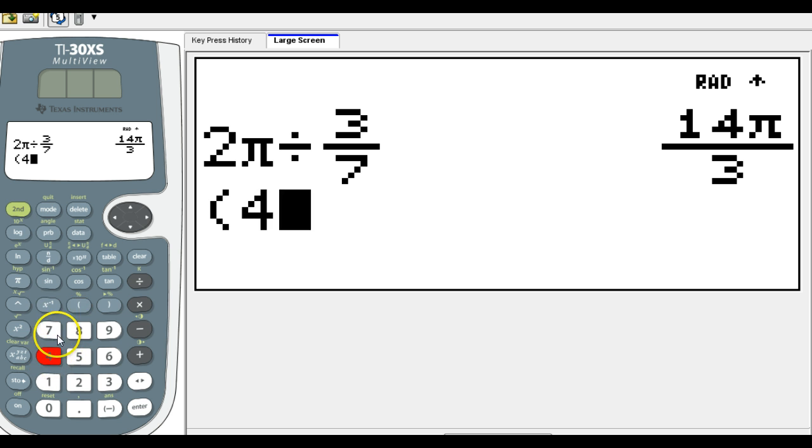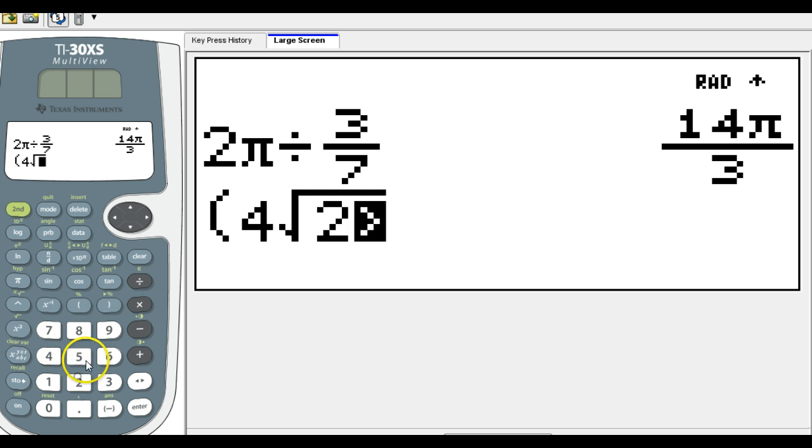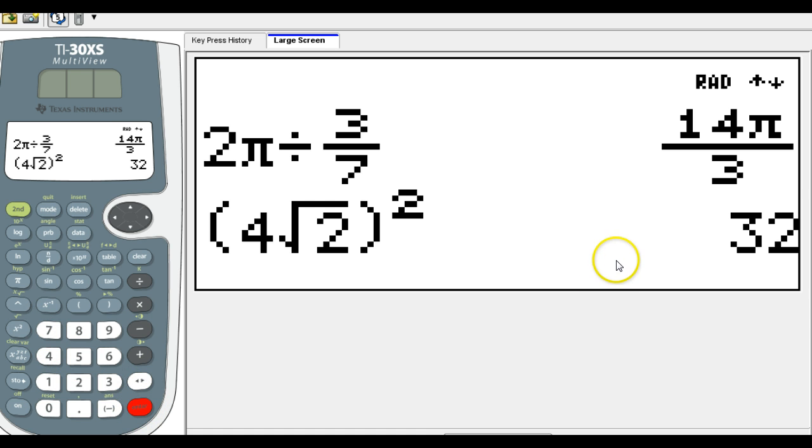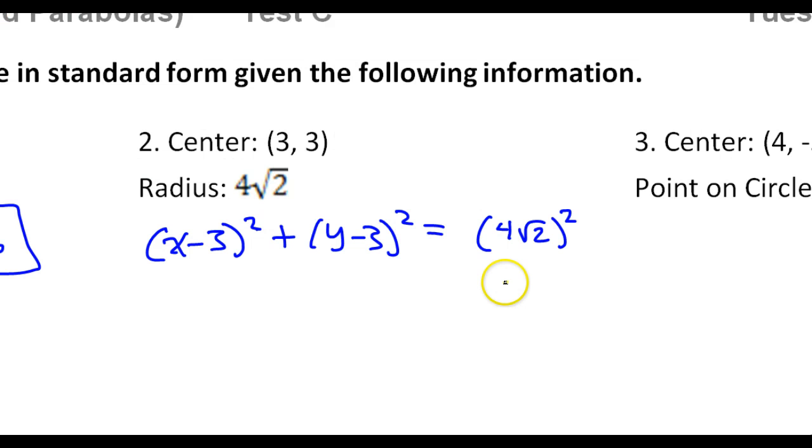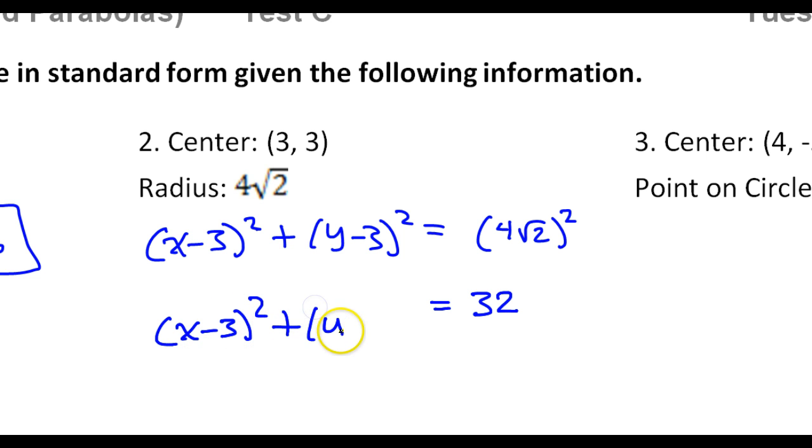You must use parentheses though. So (4 radical 2) squared is going to give me 32. So we have (x minus 3) squared plus (y minus 3) squared is equal to 32.